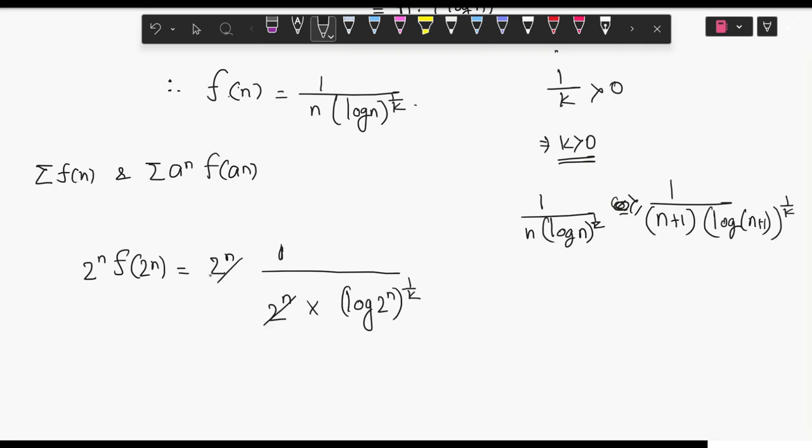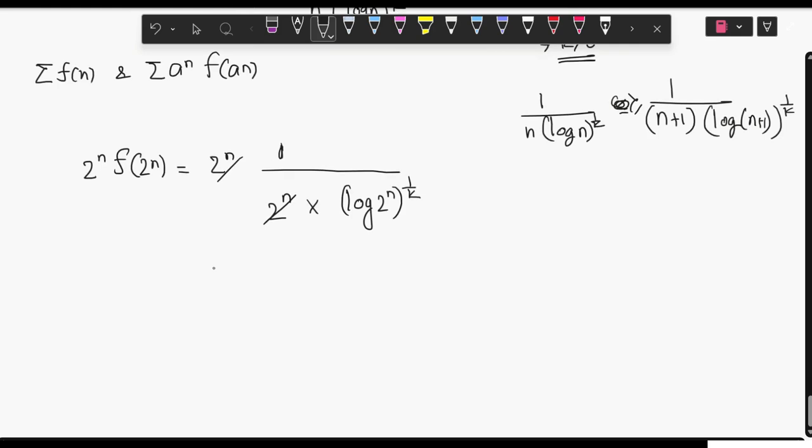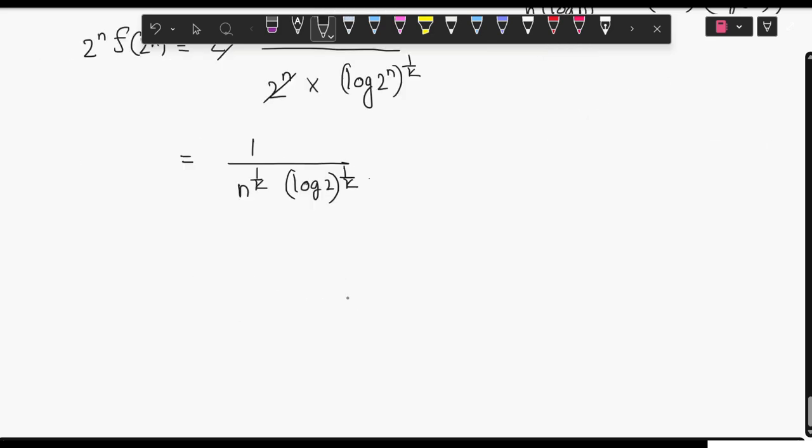Cancelling 2 to the power n with 2 to the power n, this is equal to 1 by n to the power 1 by k log 2 is whole to the power 1 by k. Now this is nothing but the p series, where the value of p is 1 by k.